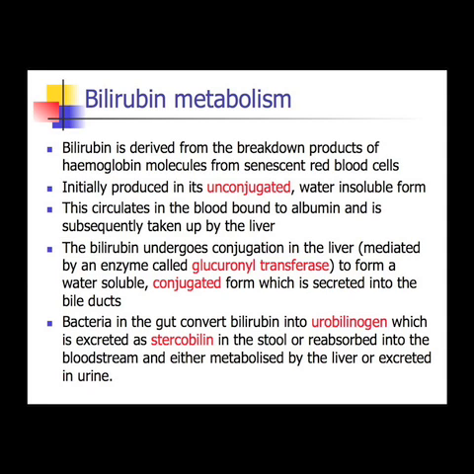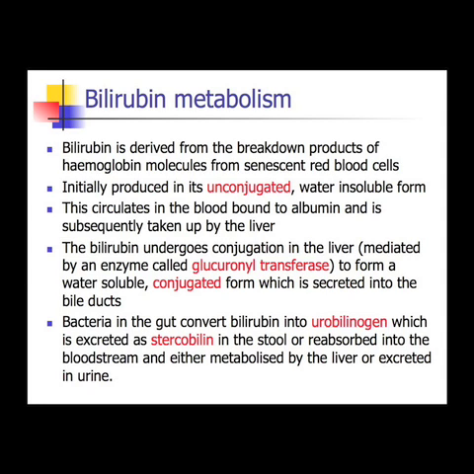Now, this unconjugated form binds to albumin in the blood, and it's circulated around the bloodstream and eventually taken up by the liver, where it undergoes a process called conjugation. And this is mediated in the liver by an enzyme called glucuronidase. And what this does is it converts it from a water-insoluble form into a conjugated water-soluble form.